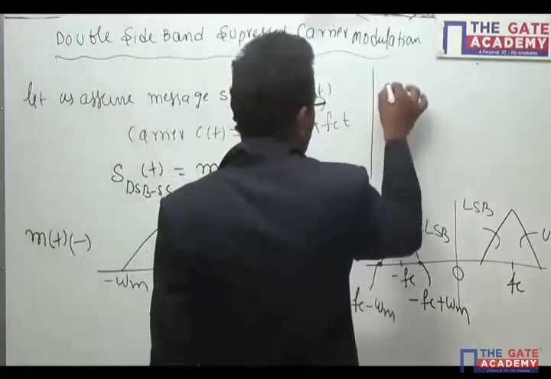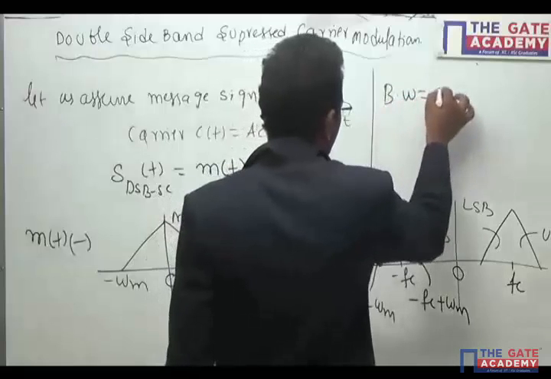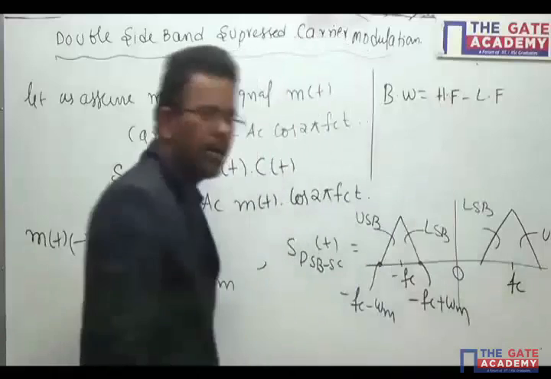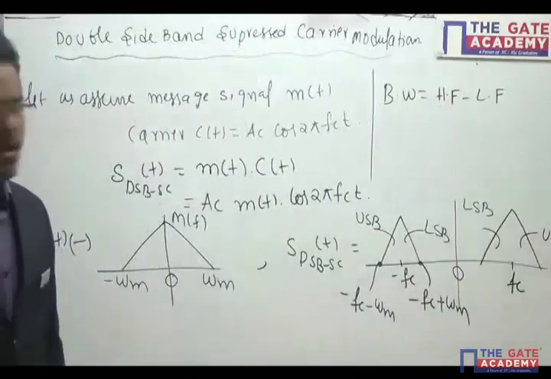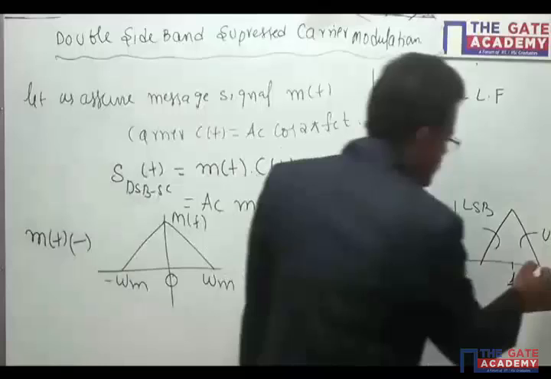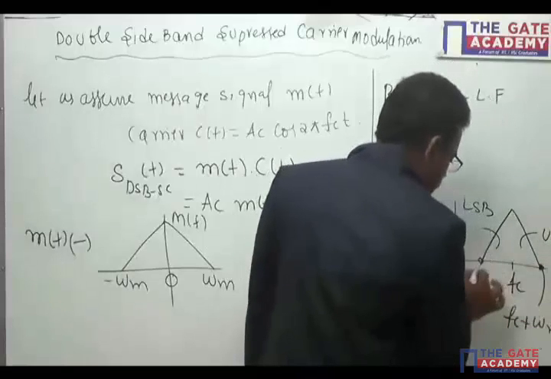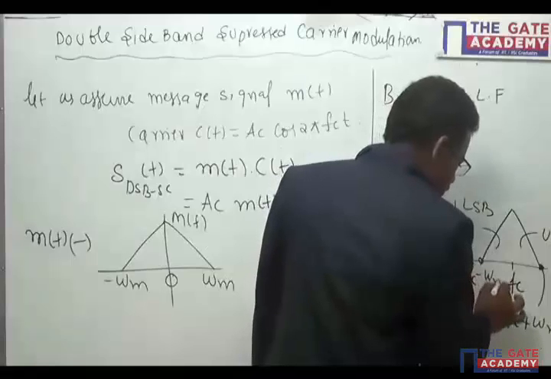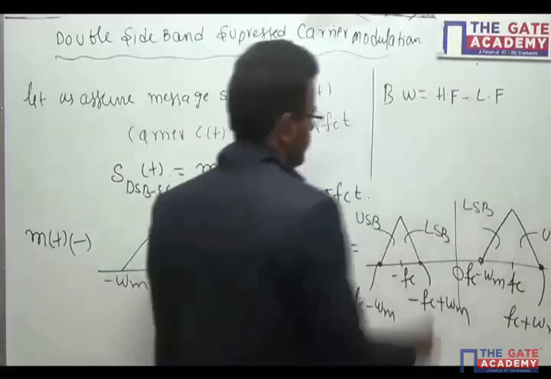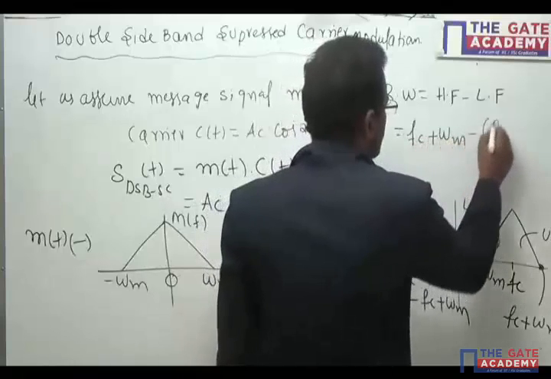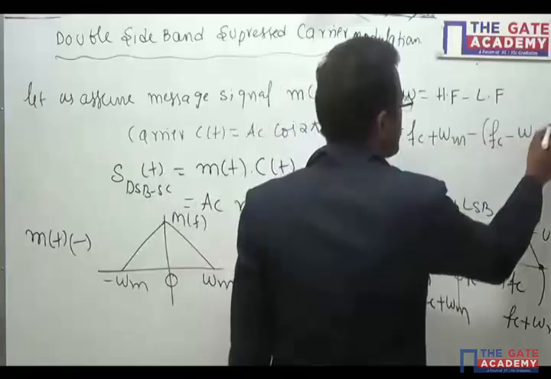Let's analyze the bandwidth. Is there any improvement in the bandwidth? Highest frequency component minus lowest frequency component. Highest frequency component is fc plus ωm, lowest is fc minus ωm.